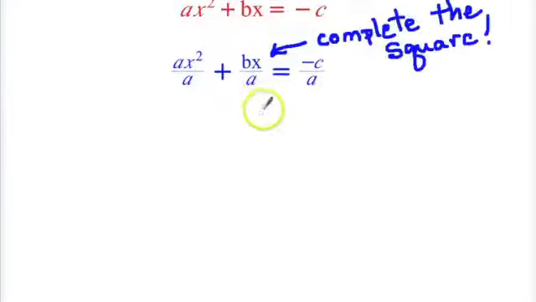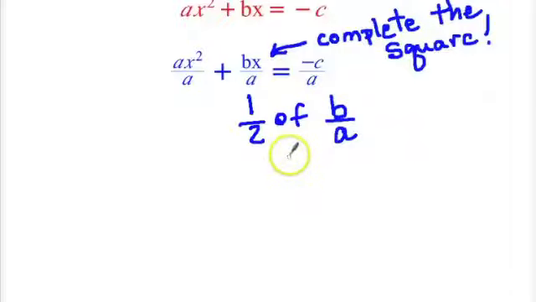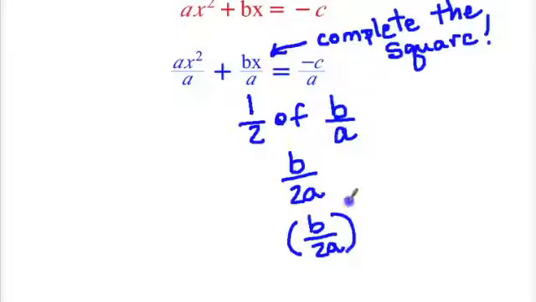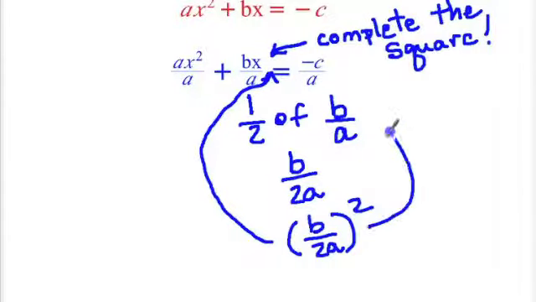Alright, so we've got our 1x squared, and then we need to complete the square, and we take half the coefficient of the x term, that is half of b over a, which is just 1/2 multiplied by b over a, or b over 2a. We take that quantity, b over 2a, and we square it. And then we're going to add that b over 2a squared to the left side and the right side of the equation. This maintains the balance of the equation.